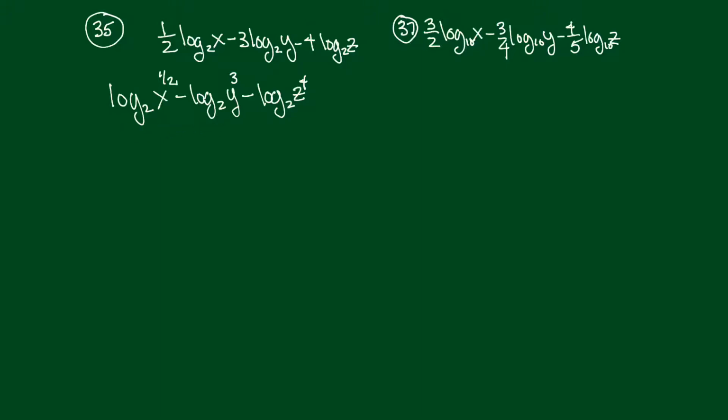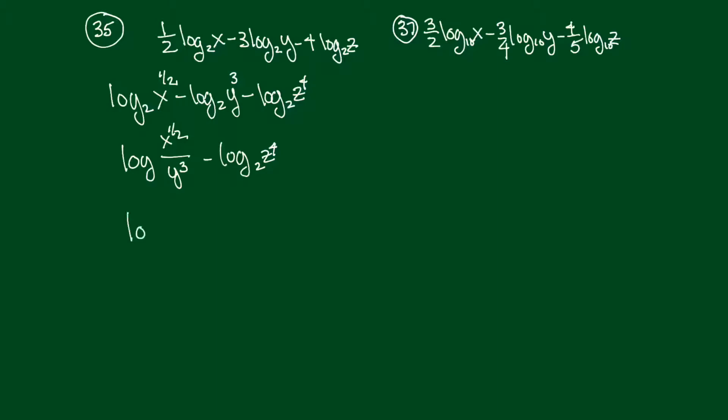This is the log of a quotient. So this is going to be the positive log, right? As soon as I see a minus sign, I'm going to put that quotient in there. This is the log of x to the 1/2 over y to the 3rd, and then minus the log base 2 of z to the 4th. Now, what do I see again? I see a minus. So this is going to be the log of this divided by this.